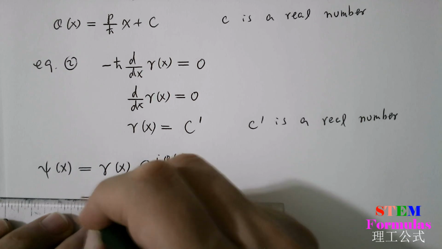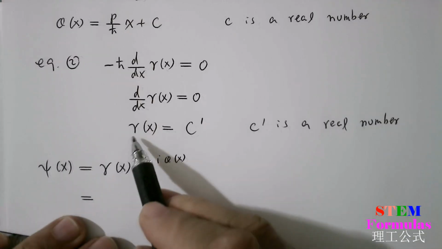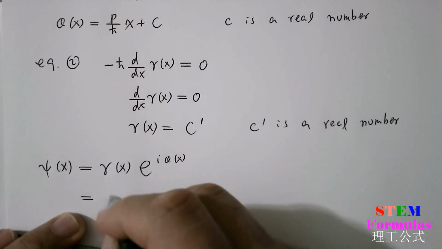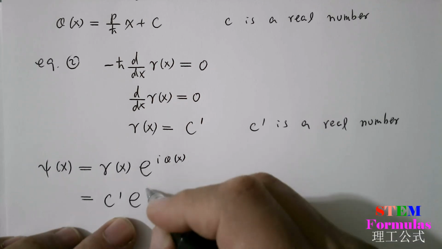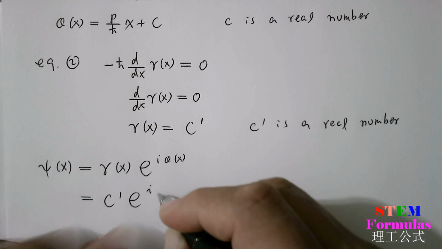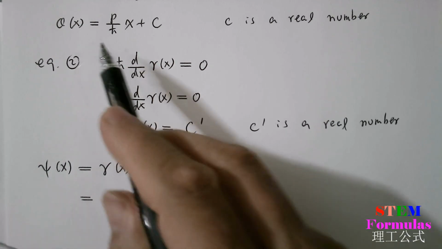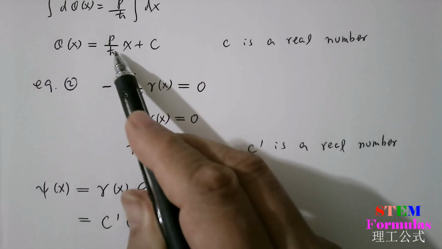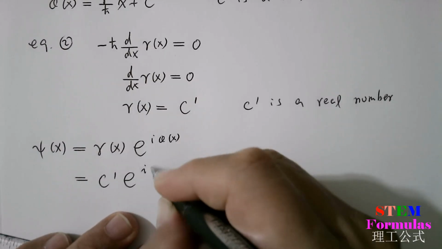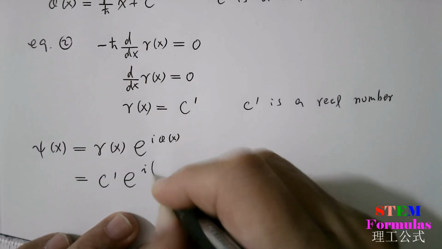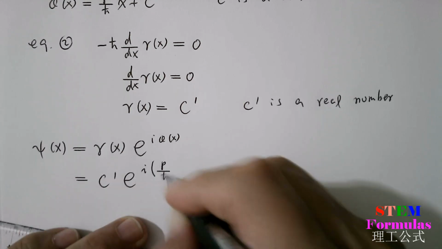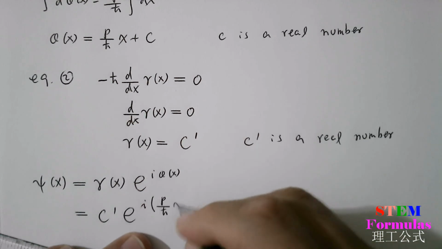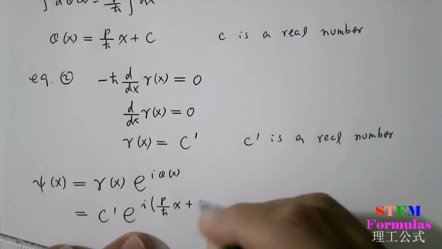So this equals c prime e to the i times theta, where theta is p divided by h bar x plus c.